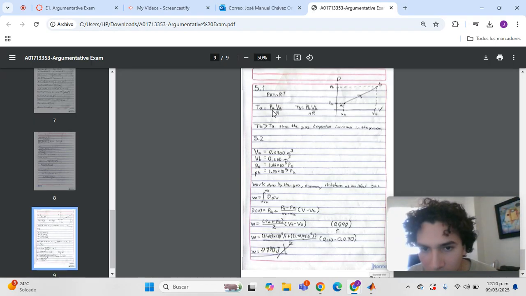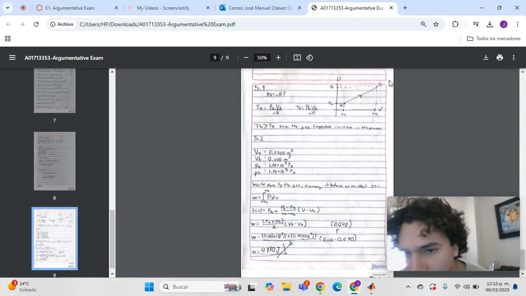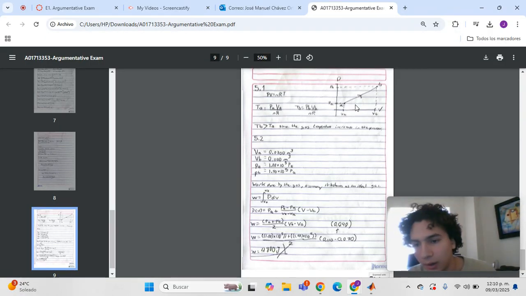Using this equation, PA VA equals nR TA, where n and R are constants, by the way, the same on both sides. But using the formula, we know B is bigger on both sides, both volume and pressure, which means temperature TB is bigger than TA, since the gas temperature increases in the process. We know it increases, like here from A to B, we can see that the arrow is telling us it increases.